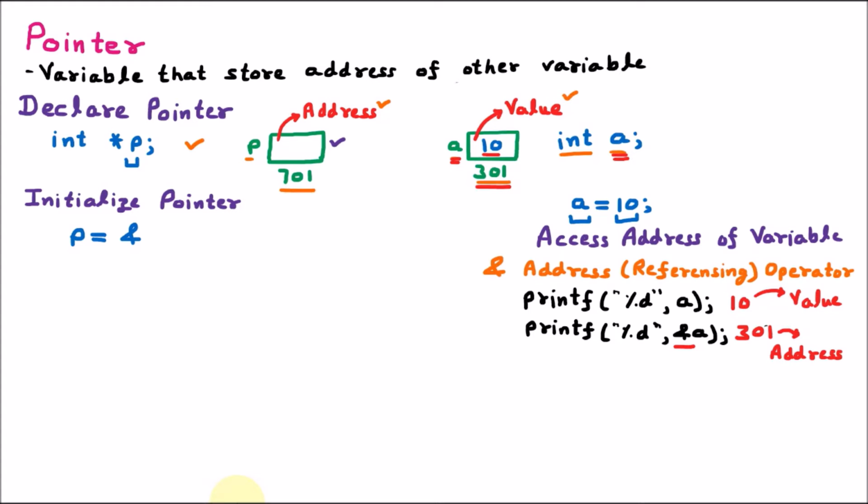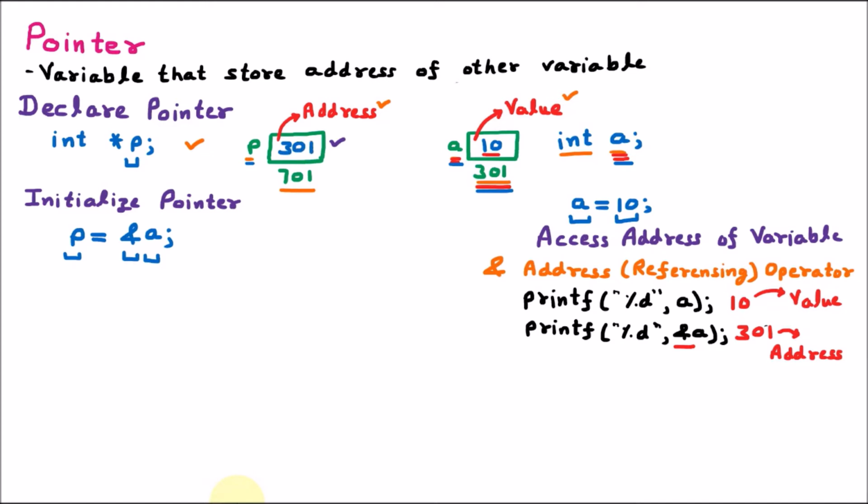Let us suppose I have a variable A here and I want its address, so I will write &A. With this we are going to initialize pointer P with the address of A. So here it is the address of A, that is 301. And where are we storing it? Into P. So into P we are going to write the address, that is 301.